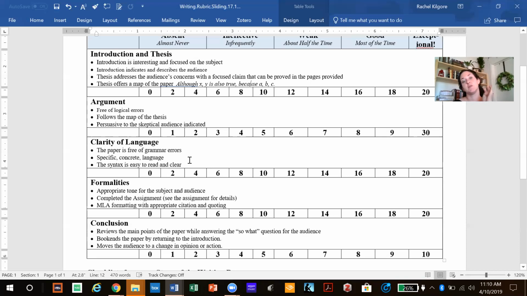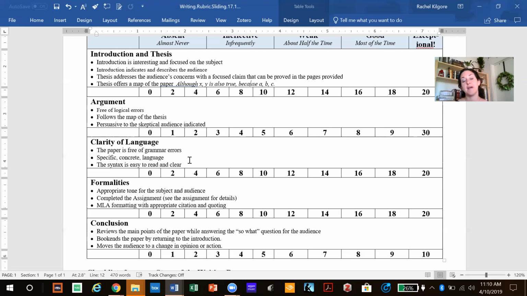This really does start basically with being free of grammar errors. If you have a ton of grammar errors that are really impeding meaning, things like fragments, comma slices, pronoun reference problems, mismatched sentences, those sorts of things, they can make it really hard to follow a paper.